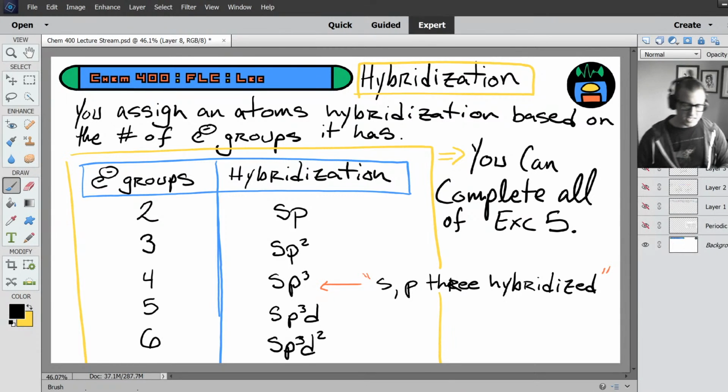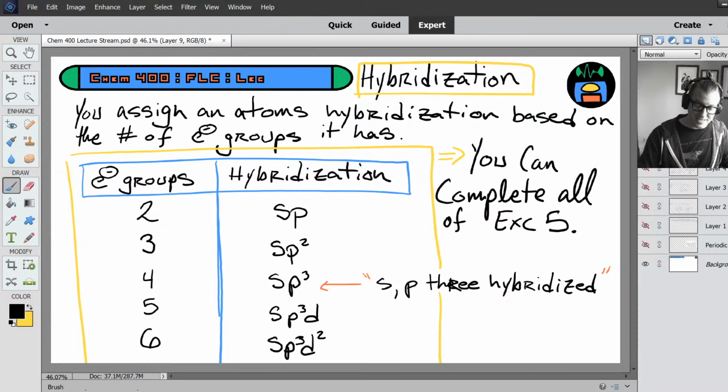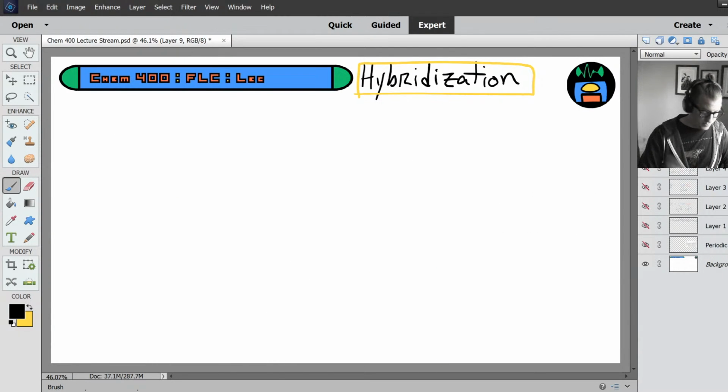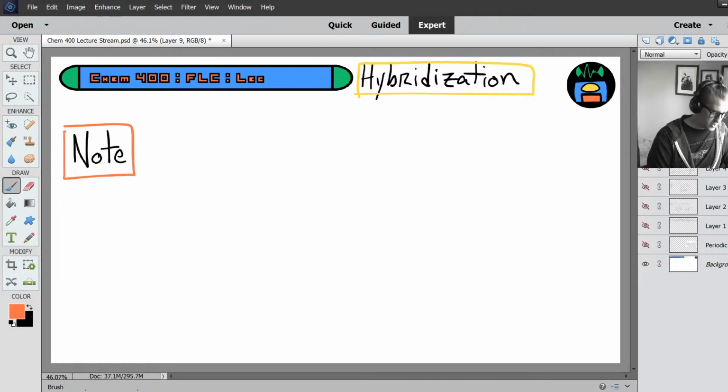One last thing I want to say about hybridization before we start talking about it in depth is one important thing I want to stress. Something you should note: bonds are never hybridized.